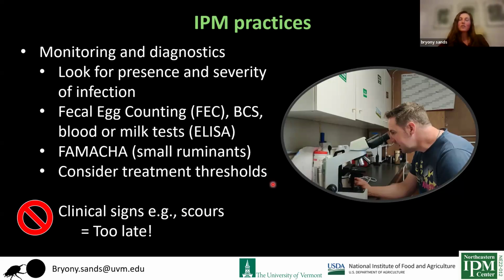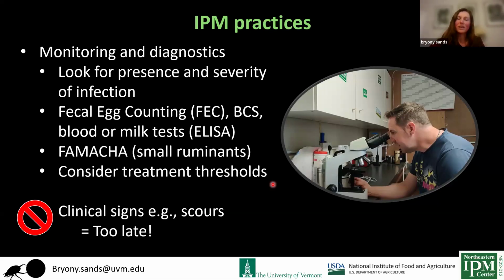And then considering treatment thresholds, these tools can show us the level of infection, and that is important because grazing animals will have parasites. That's just what happens when animals are out there eating grass.